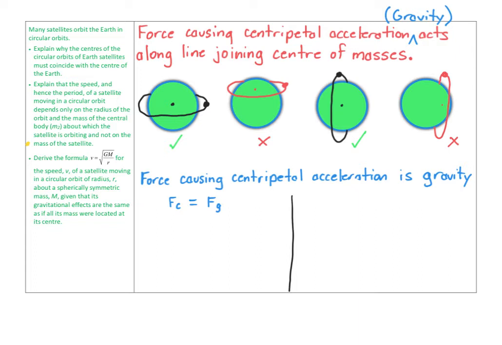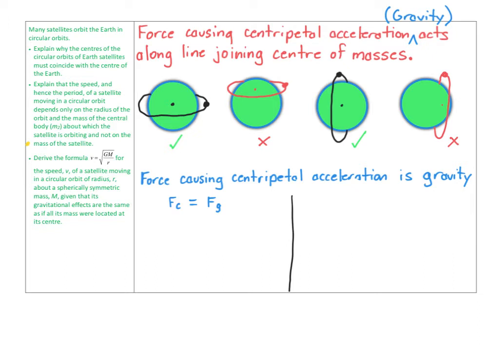Next, we need to derive the formula to work out the velocity of a satellite that is orbiting either the Earth or some other planet. So, what we know is that, and this is important when we do a derivation, that we justify where this comes from. We know that the force causing centripetal acceleration is gravity.